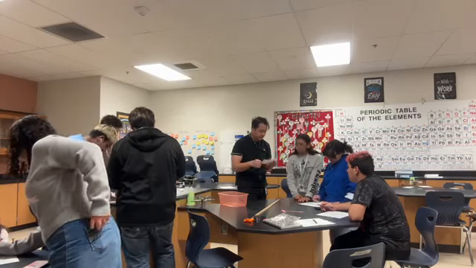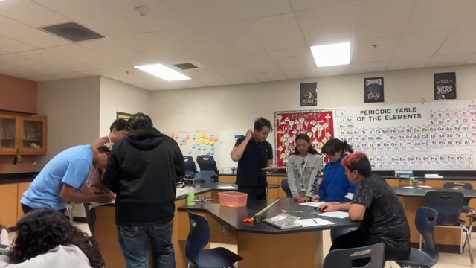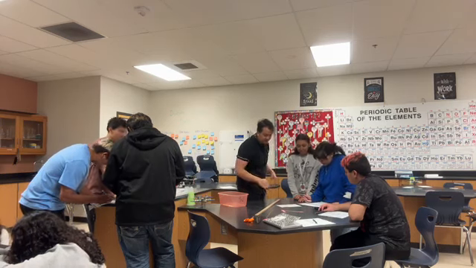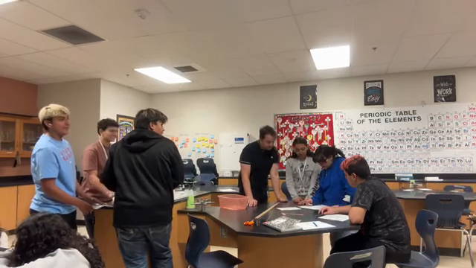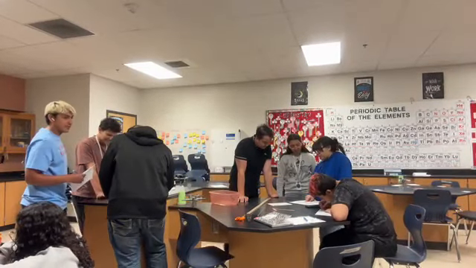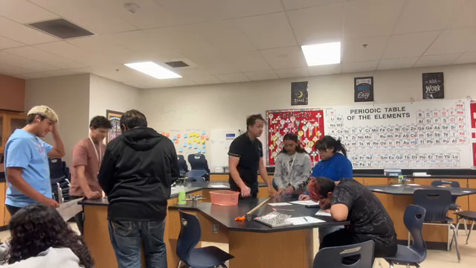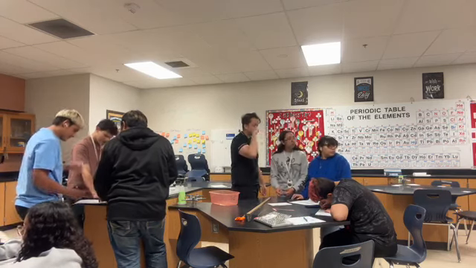So you're just making observations of how fast it goes, right? So for each paper clip, because it's the measurement of the string, and then we just have to measure the weight. The mass, yeah. You can use the electric scale to measure the mass of each.